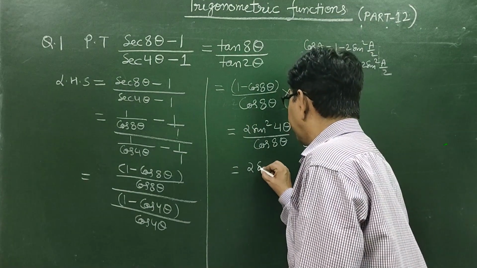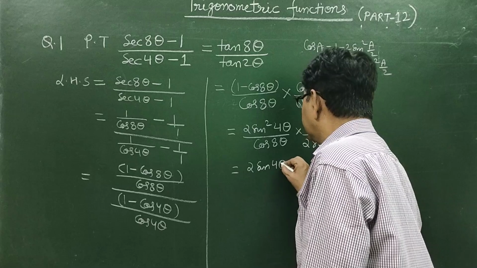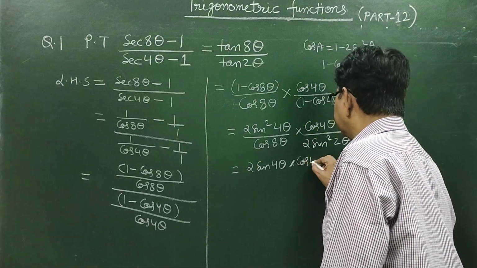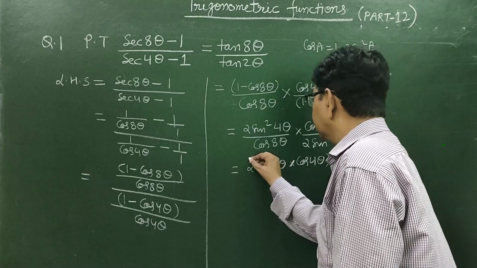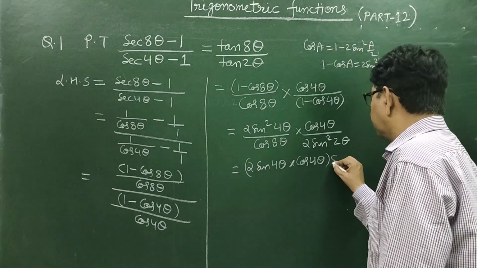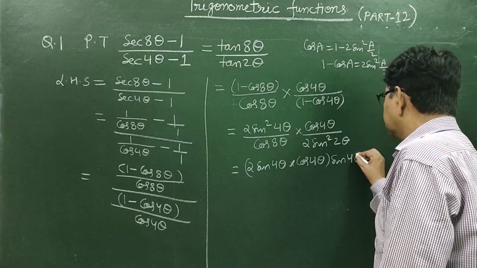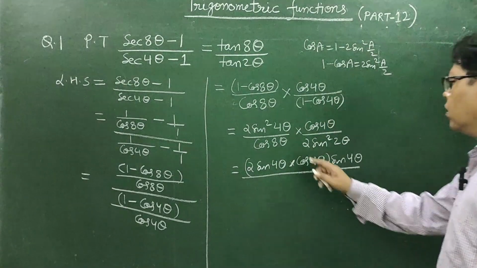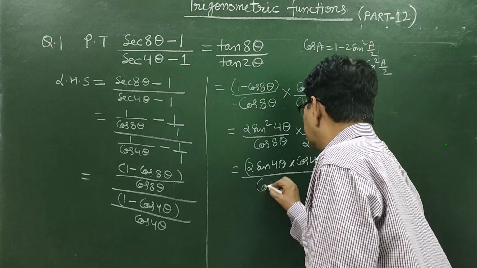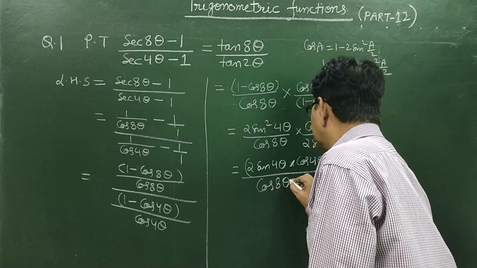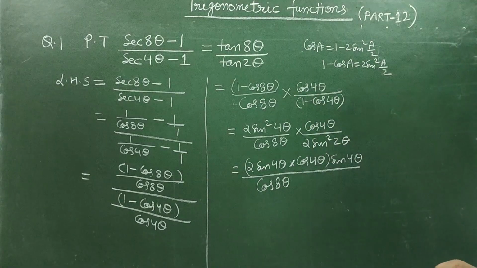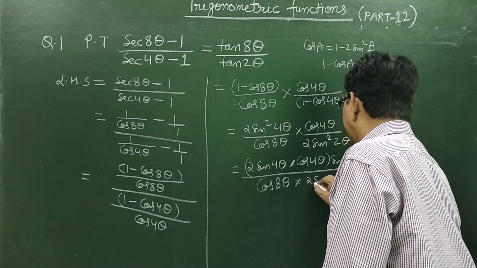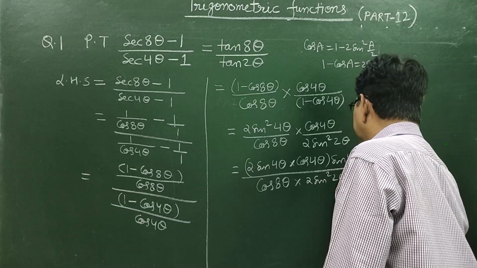So 2 sin 4θ into cos 4θ, keeping one sin 4θ separate, upon cos 8θ into 2 sin square 2θ.